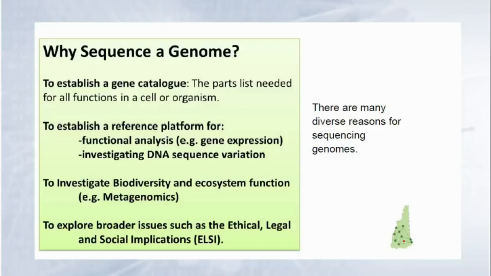We apply those basic principles by sequencing environmental DNA in a process often referred to as metagenomics. And the sequencing of genomes, whether they're people or other kinds of organisms, involves a lot of different ethical, legal, and social implications. So it becomes a very interesting process to think about in a broader context.